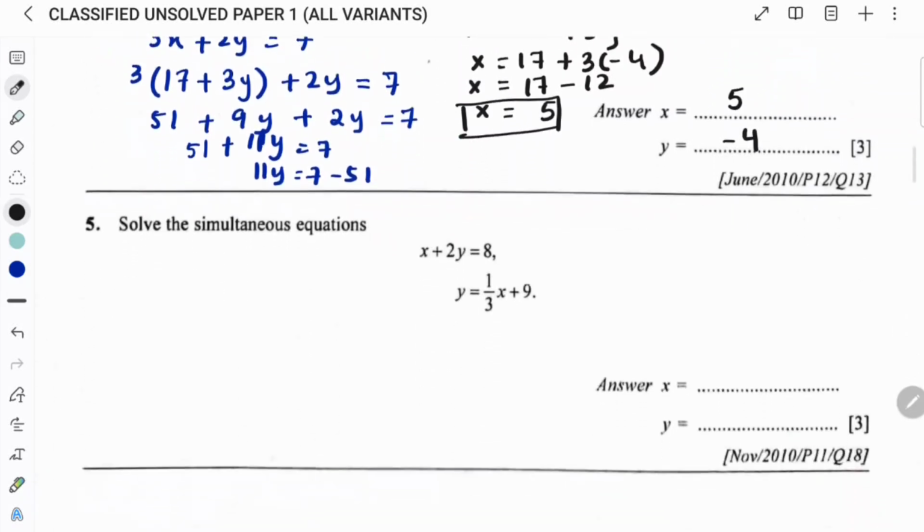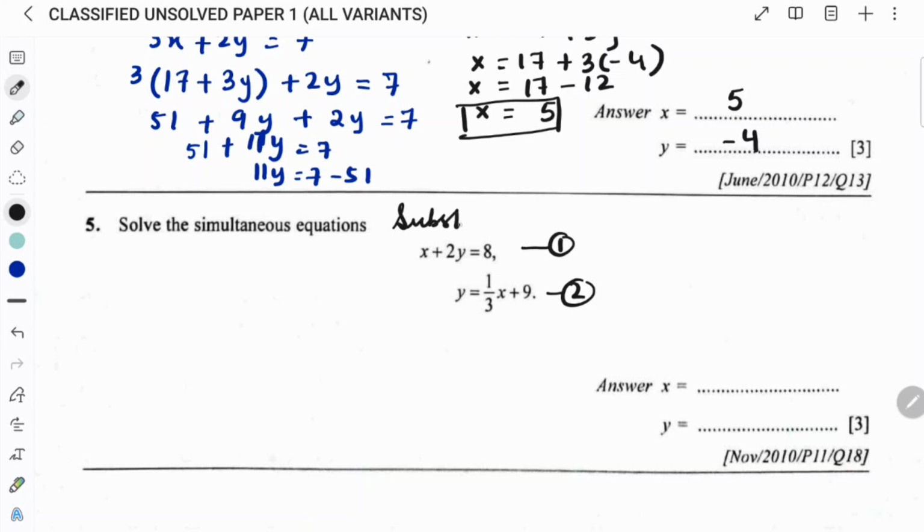Alright, the next question, question number 5. Solve the simultaneous equations x plus 2y equals 8 and y equals 1 upon 3 x plus 9. It's better for us to use the substitution method. Here the subject is already made in the second equation, so we don't need to do it. So we are doing the substitution method.